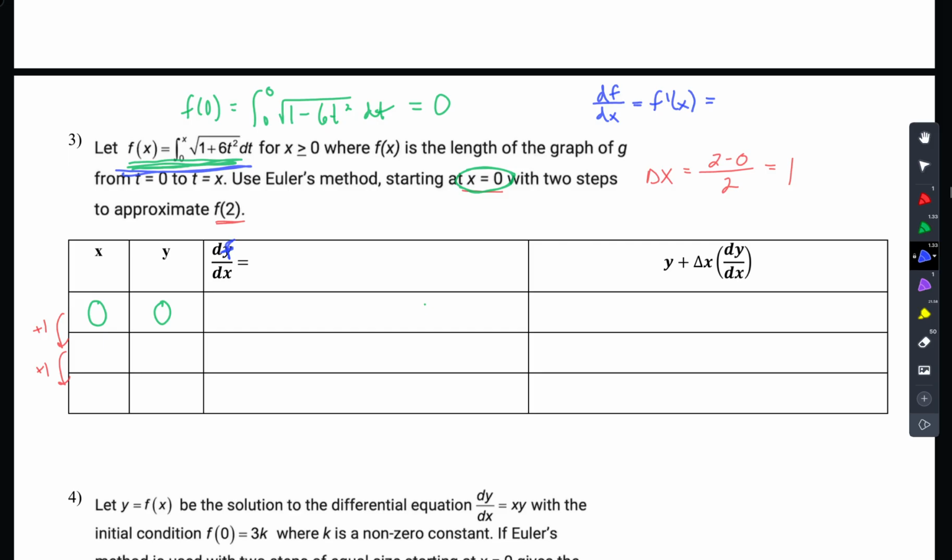So we're just using the fundamental theorem: we take the derivative, put x in, and multiply by the chain on the upper bound, which is just 1. So you're left with the square root of 1 plus 6t squared, just what's in the integral. That thing is going to go right here in your step.